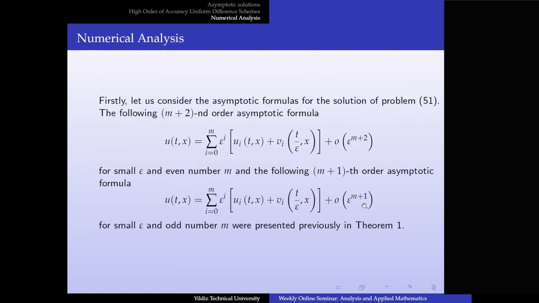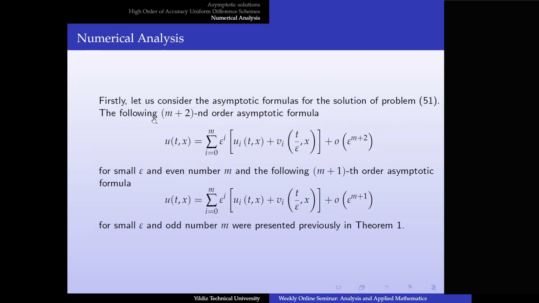So for the solution of this problem, we use the asymptotic solution formulas which we presented in theorem 1. These formulas, for convenience, I put them again. I already presented these formulas in theorem 1.